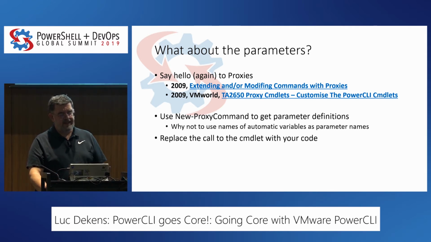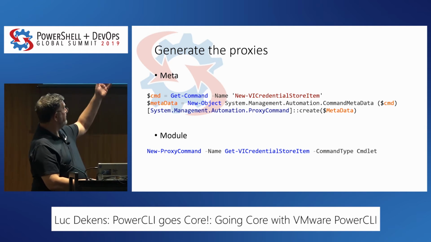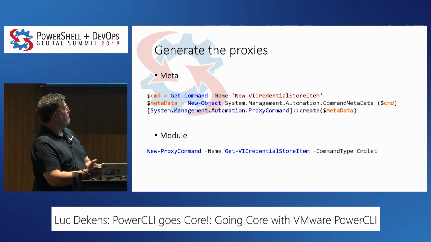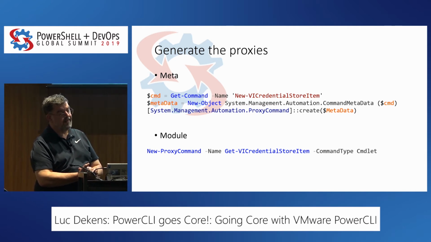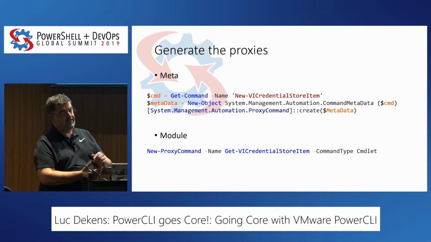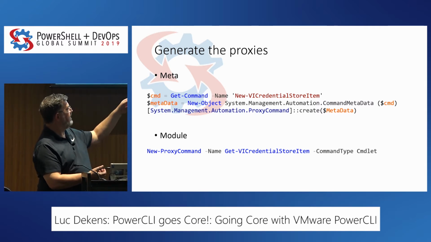There are several ways you can create this proxy command. First of all there's the raw method. That's the first paragraph that you see in there. There you really go into the object and create it. There is also a module available with a New-ProxyCommand in there, which makes this a one-liner.